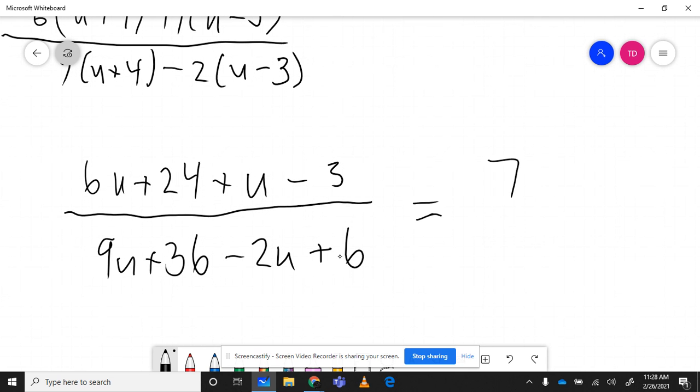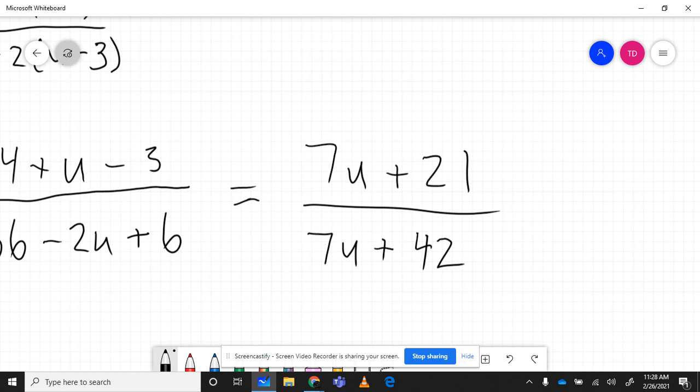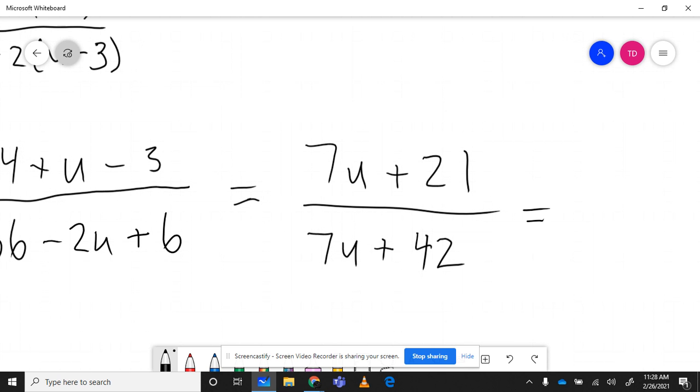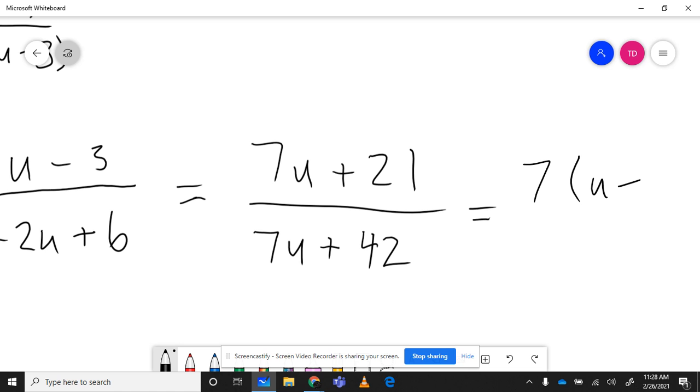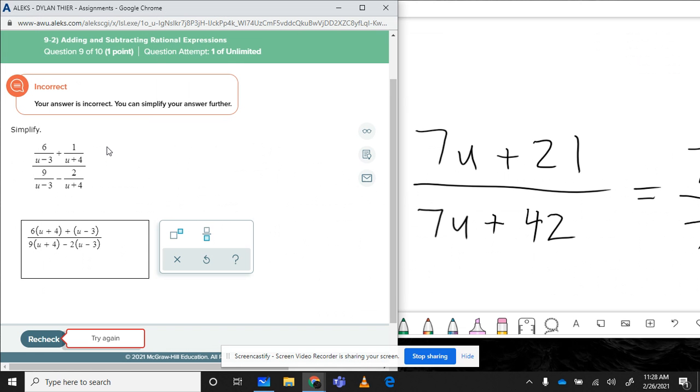That's going to be 7u plus 21 over 7u plus 42, which will be 7 times u plus 3 over 7 times u plus 4. Or not plus 4, sorry, plus 6. 7 times 6 is 42. Okay, u plus 3 over u plus 6. Okay, that's not so bad, actually.